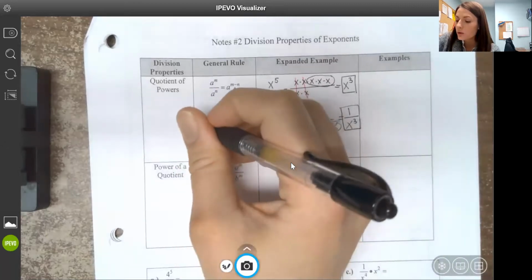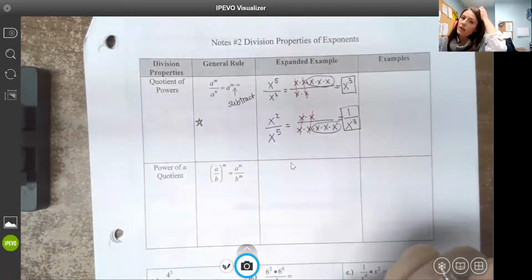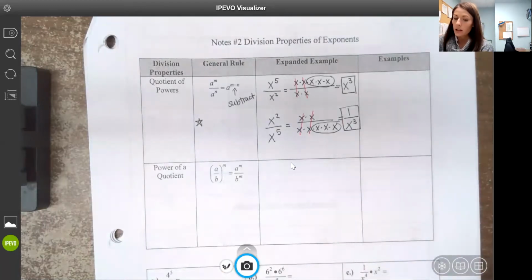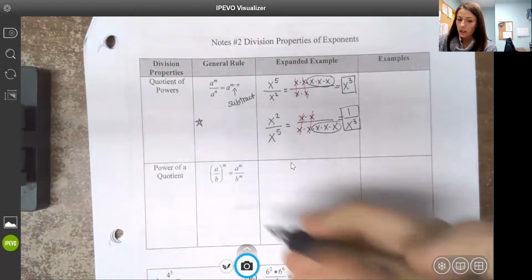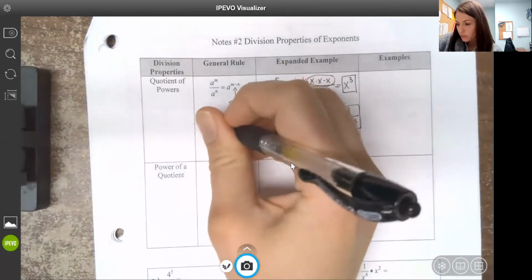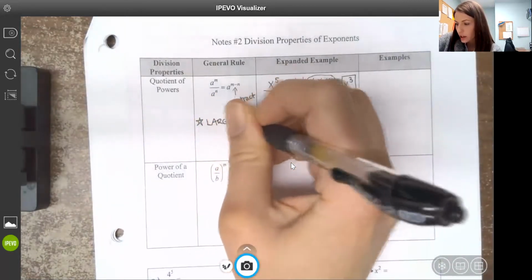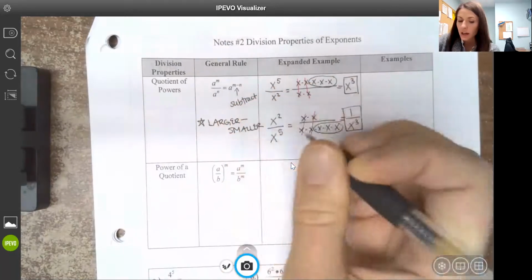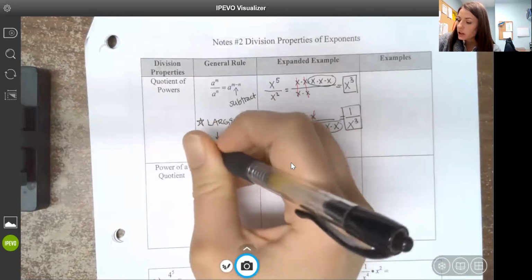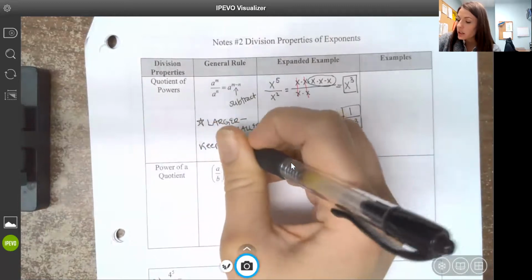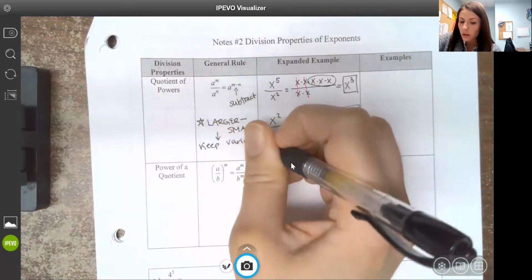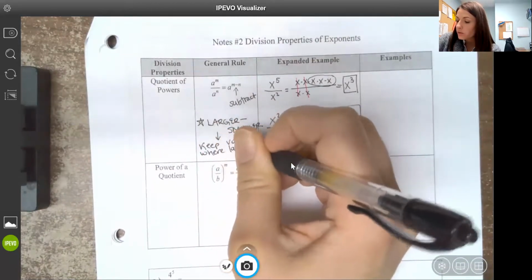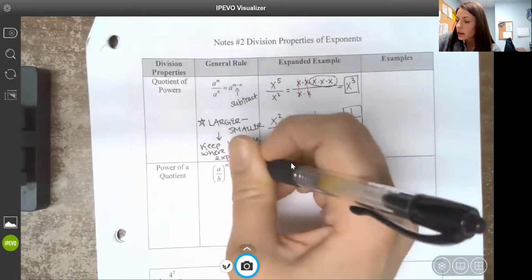We haven't talked yet about negative exponents, and there are properties involving negative exponents. But to avoid negative exponents, what I like to do is always subtract the smaller exponent from the larger exponent, and make sure that we keep the variable where the larger exponent was.